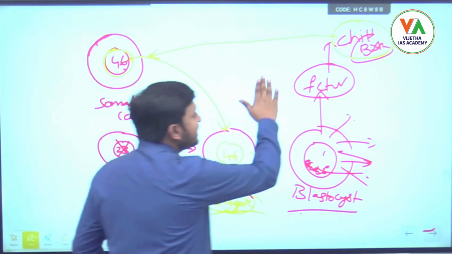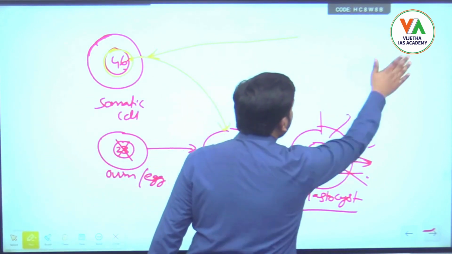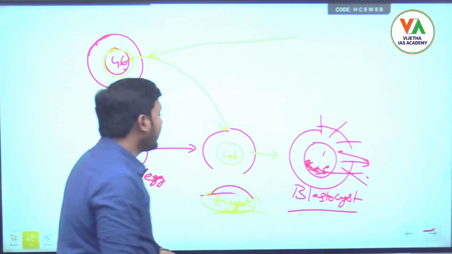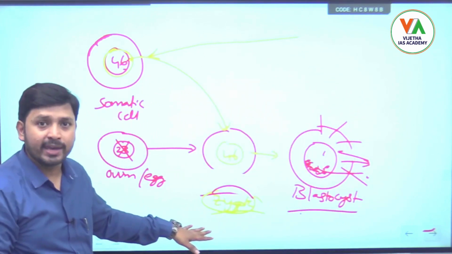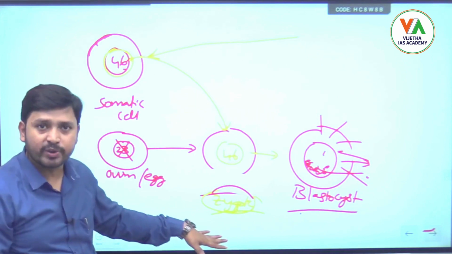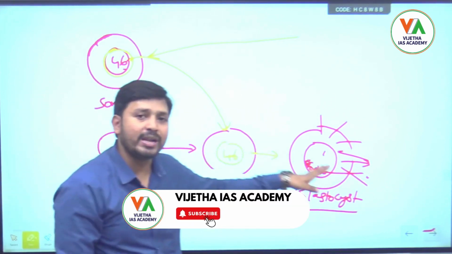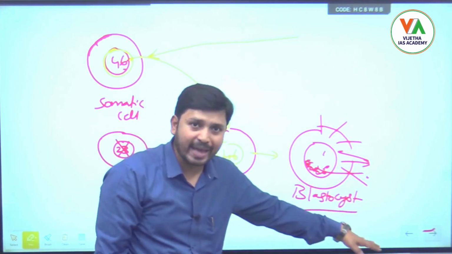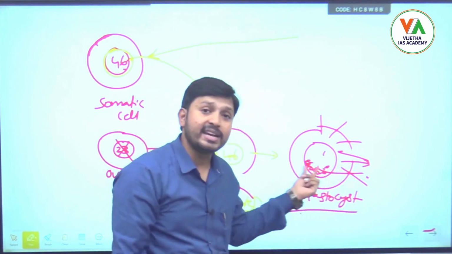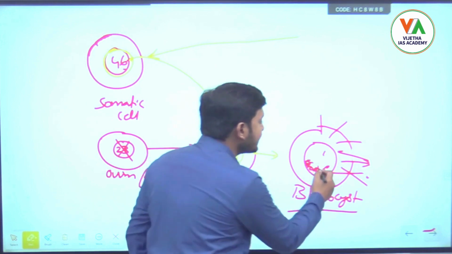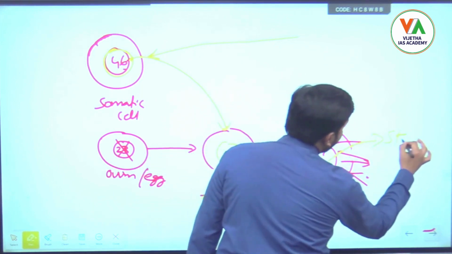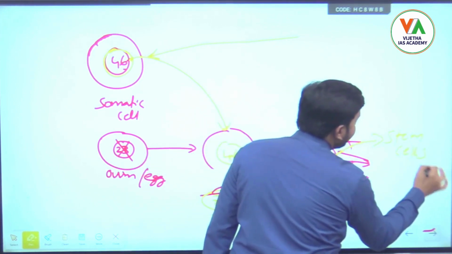Therapeutic cloning. In this therapeutic cloning, whatever zygote has been formed here, the same technique I will use in this one also. This zygote will be multiplied so that it converts into a blastocyst. But what is there inside this blastocyst? What are these cells? These cells are called stem cells, right?